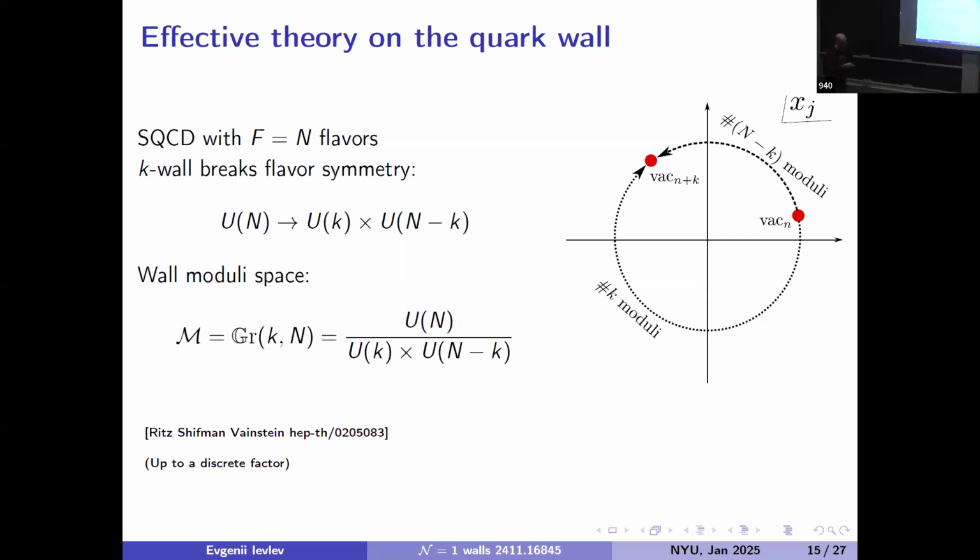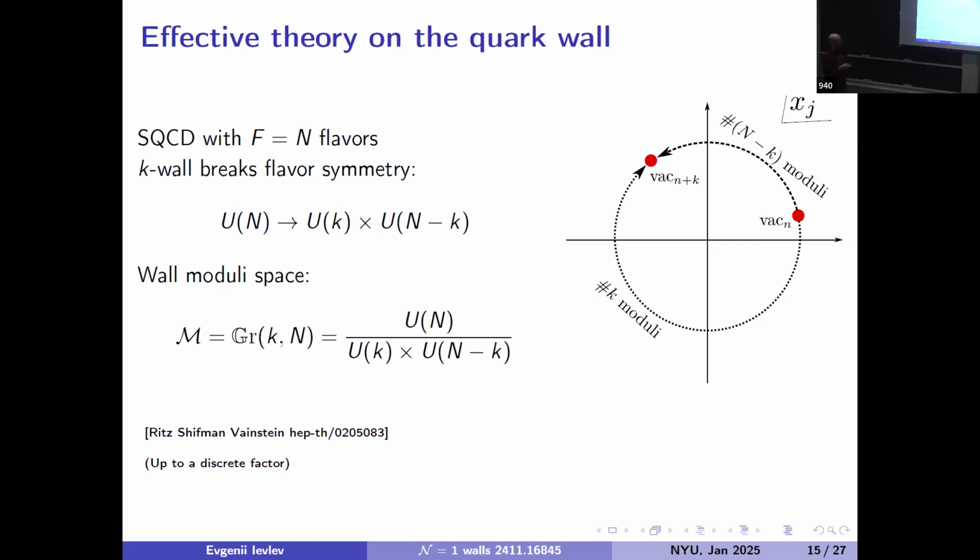So then we asked ourselves the question: what is the effective theory on the domain wall? Roughly speaking, it's the following. First, let me reiterate the known results. If you consider SQCD at weak coupling with N quark flavors, then you have U(N) flavor symmetry in the bulk.